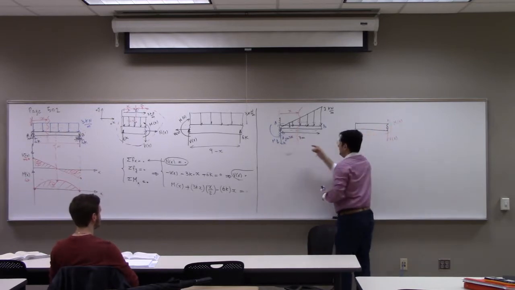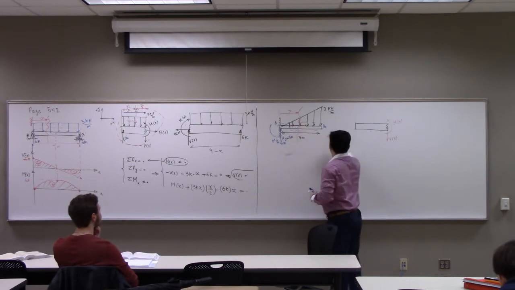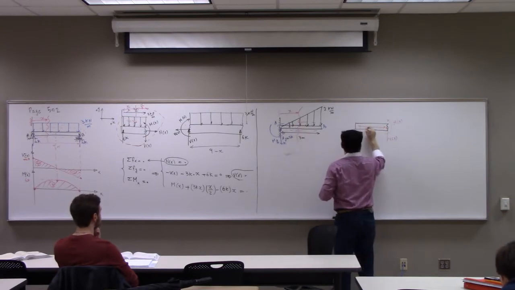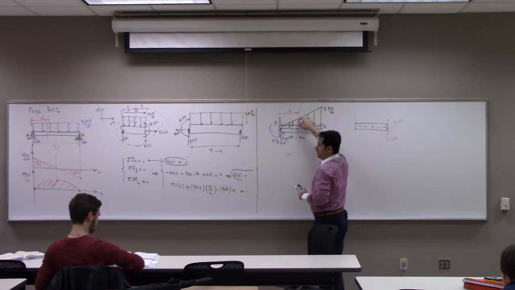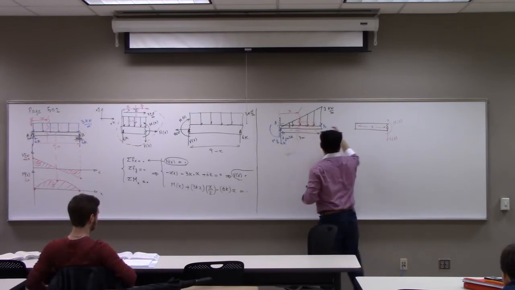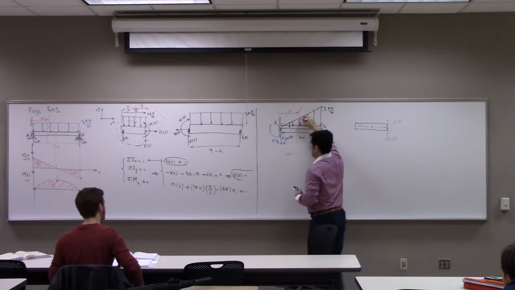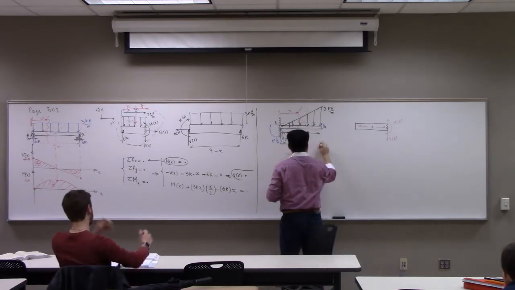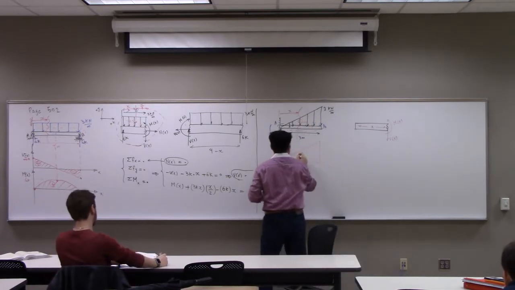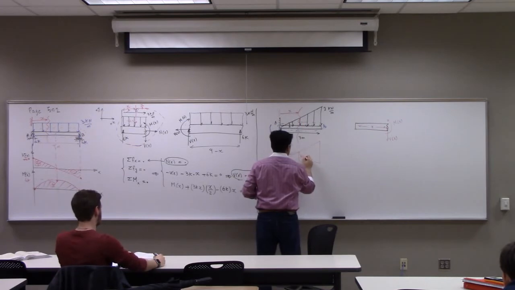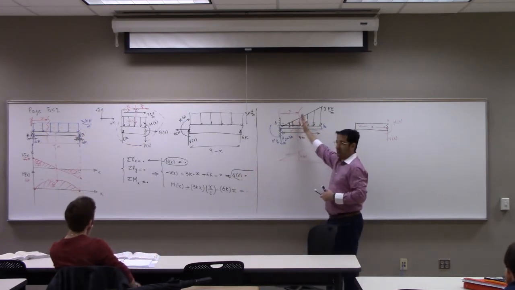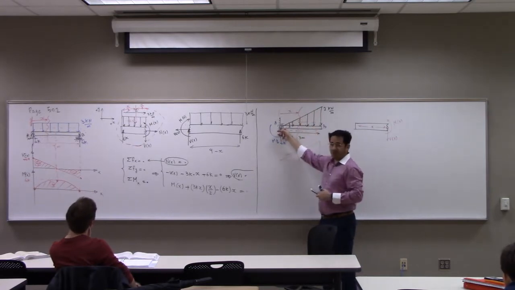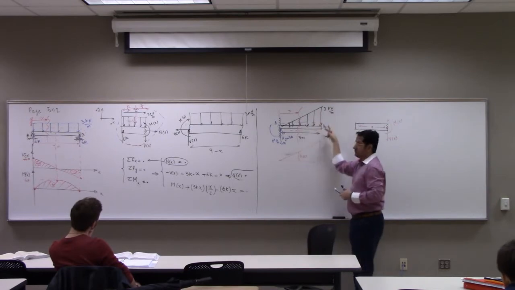This load, it is a distributed load because from here to here is x. Right? What is the height? I don't know what the height here is. But if I look at the big triangle, the height here is h of x. The height of this triangle will change. When you move the x from left to right, this height will increase. It starts from 0 and it goes all the way to 2.